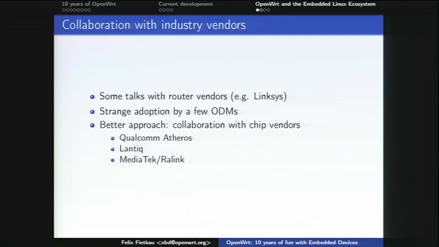So in the third part of the talk, I'd like to talk a bit more about what effects the OpenWRT project had on the rest of the industry, or how the rest of the industry influenced the way that we work as well. When the WRT54G was still somewhat popular, but already losing popularity compared to other devices, especially with a focus shift away from the Broadcom platforms, we had some talks with some representatives of Linksys.